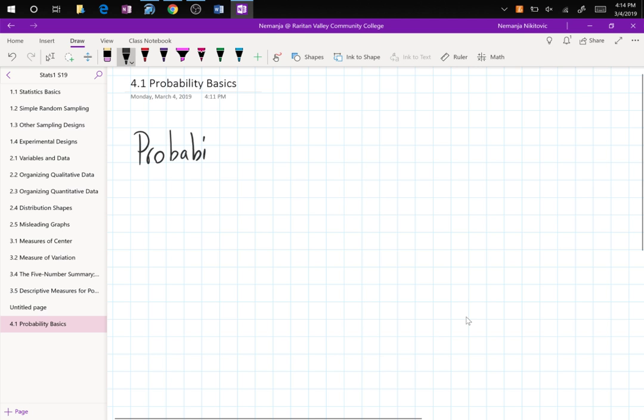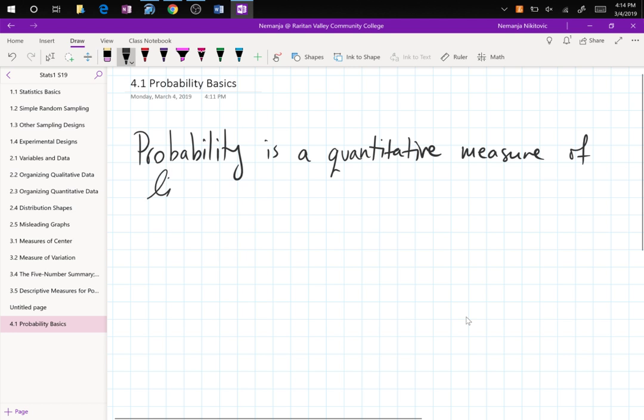So probability is a quantitative, so numbers, quantitative measure of likelihood of an event happening.